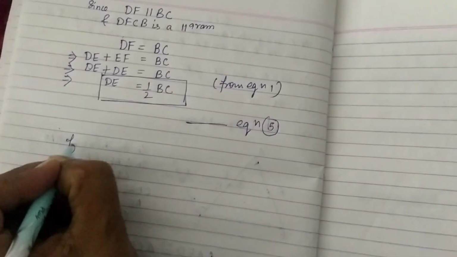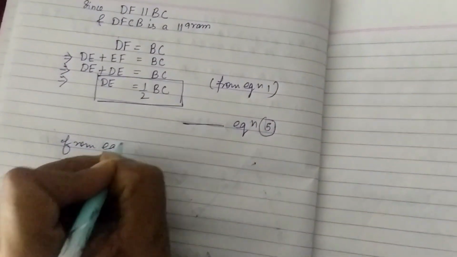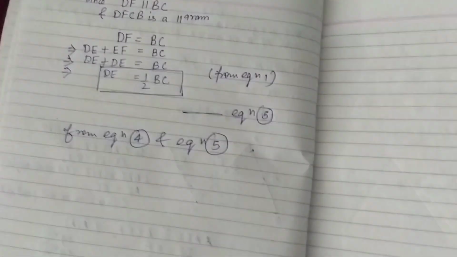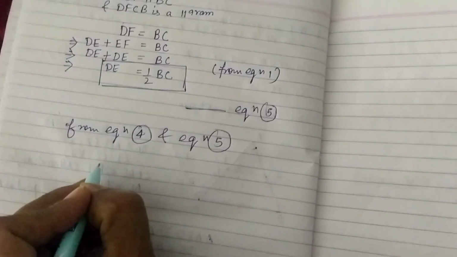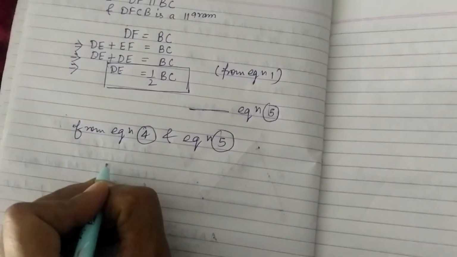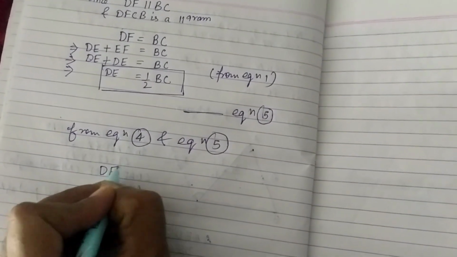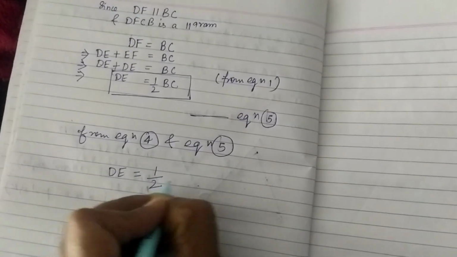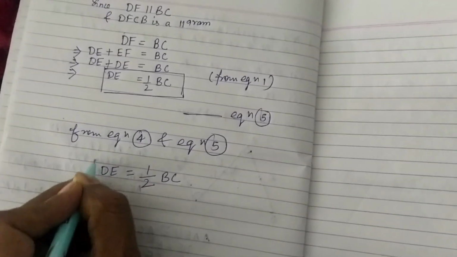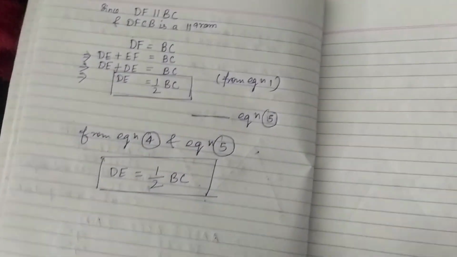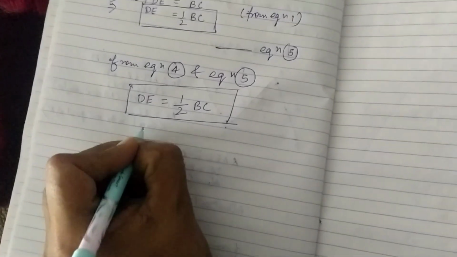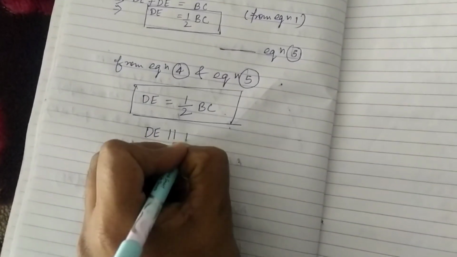From equation 4 and equation 5, we are getting that the line joining the midpoints of two sides, which is DE, is equal to half of the third side, and they are parallel to each other. This was the midpoint theorem.